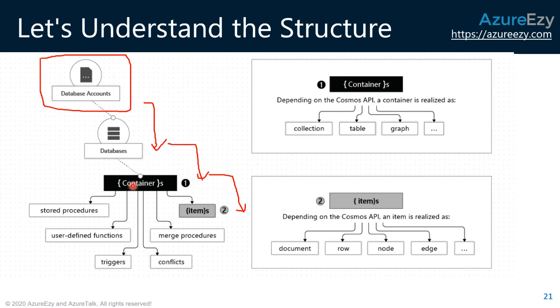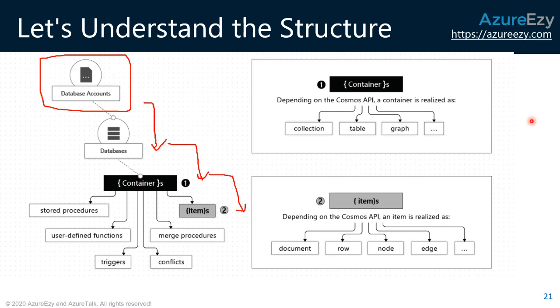If you're coming from the SQL background, containers would be like tables, and database is just like database. If you have to relate, the items could be the rows. Just related as per the SQL server structure. So it makes a hierarchy where the top level is the account, then database, then containers, and finally items. Now here we interact with the container.